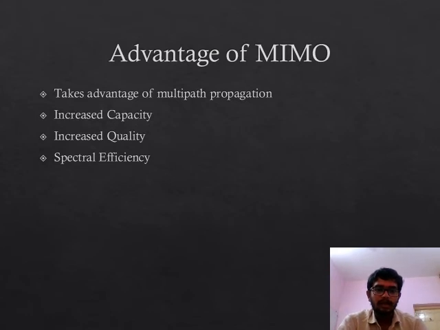Increase in capacity: the capacity of the MIMO signal from base station to mobile station is increased, and also the communication quality or signal quality increases. Spectral efficiency: both multiplexing and diversity spectral efficiency are improved by MIMO.